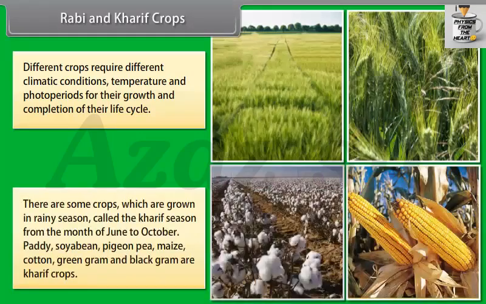There are some crops which are grown in rainy season called the Kharif season from the month of June to October. Paddy, soybean, pigeon pea, maize, cotton, green gram and black gram are Kharif crops.